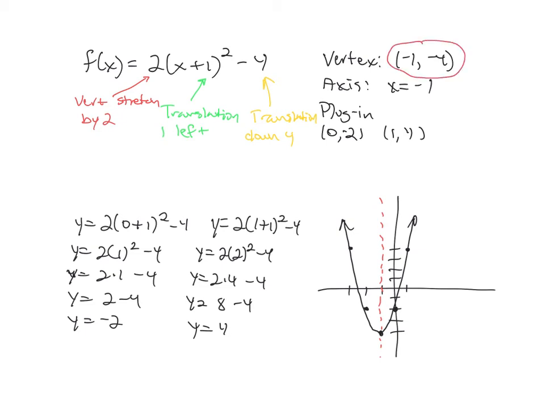How did I put the vertex on the graph? Well, I went 1 to the left, and then I went 4 down. That's the same thing as the translation part. How did I get to where the vertex was? I went 1 to the left, and then I went down 4.